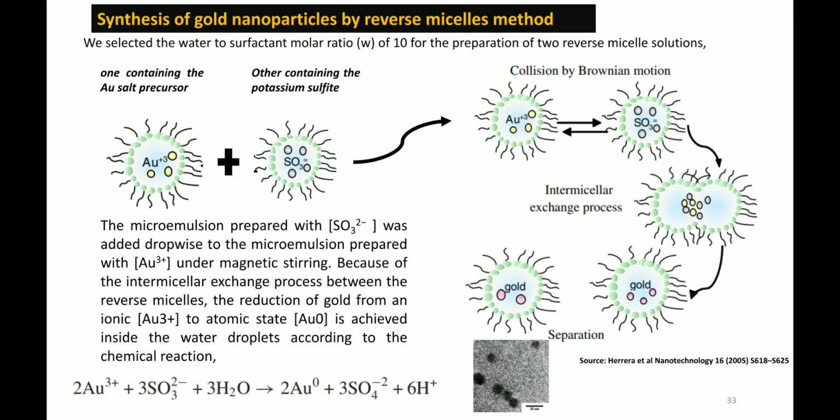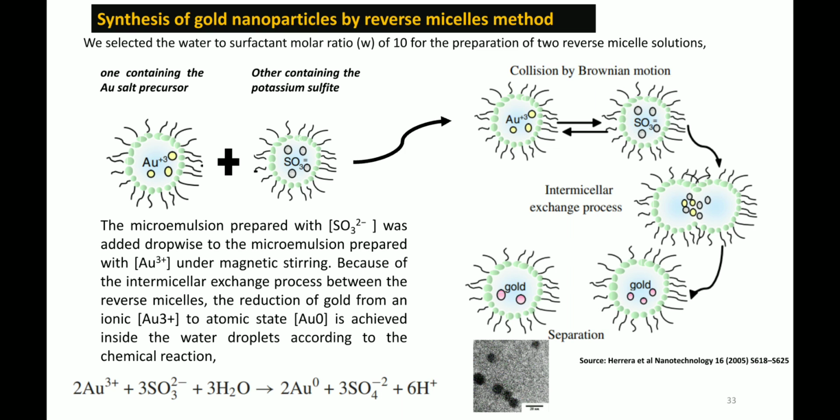So two ions of Au3 plus, plus three molecules of SO3 2 minus, plus three molecules of H2O gives rise to two atoms of gold plus three molecules of SO4 2 minus plus 6 H plus. So this is the chemical reaction. This reaction basically takes place inside the micelle, inside the nano reactor.